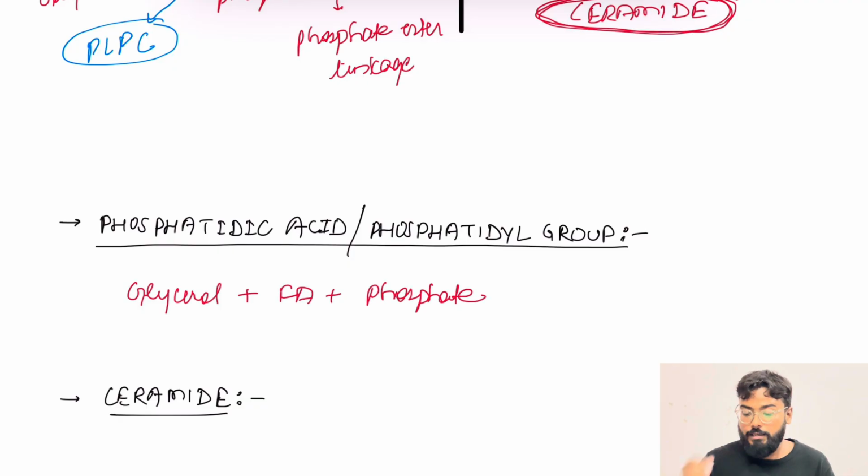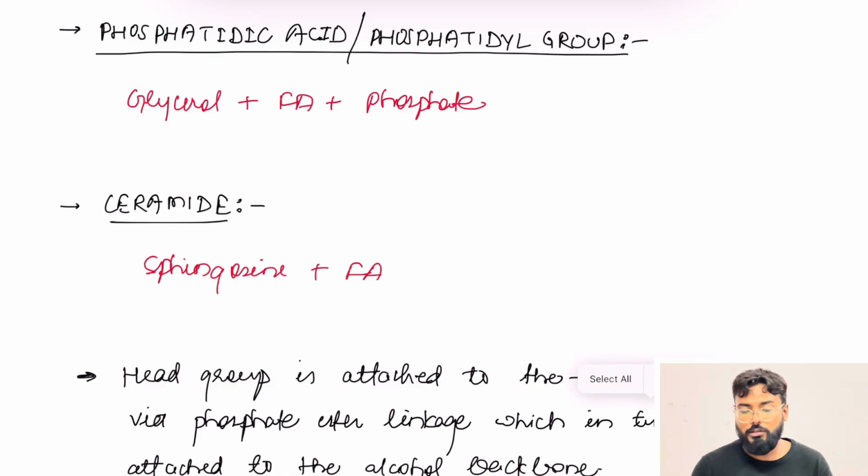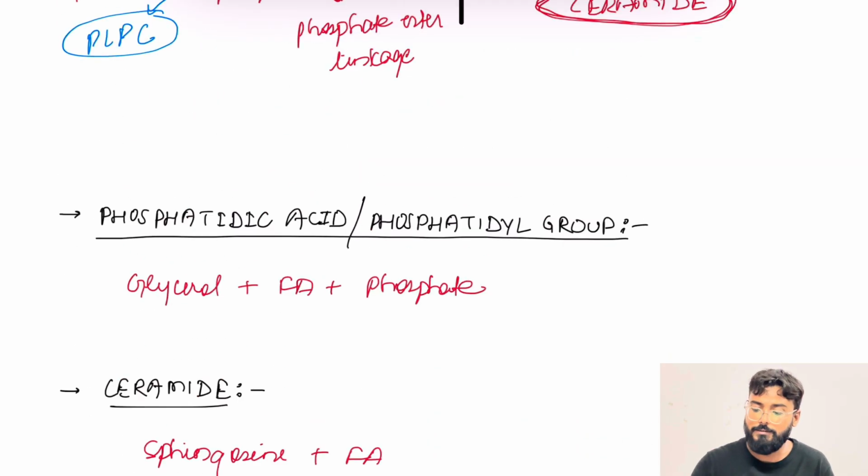These three combined are known as phosphatidic acid, and ceramide is sphingosine plus fatty acid. So remember that if we remove the head group from a glycerophospholipid, what is left behind is phosphatidic acid, or phosphatidyl group, with glycerol, fatty acid, and phosphate. And for ceramide, the components are sphingosine and fatty acid.